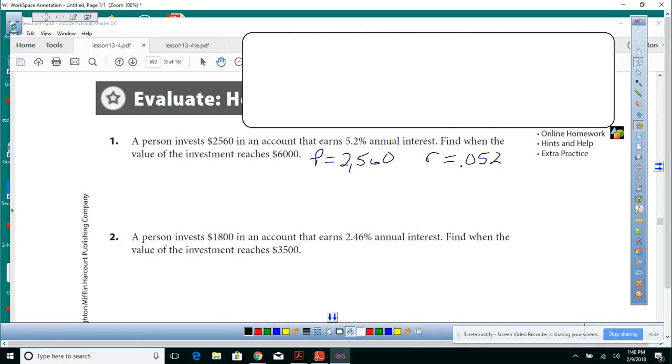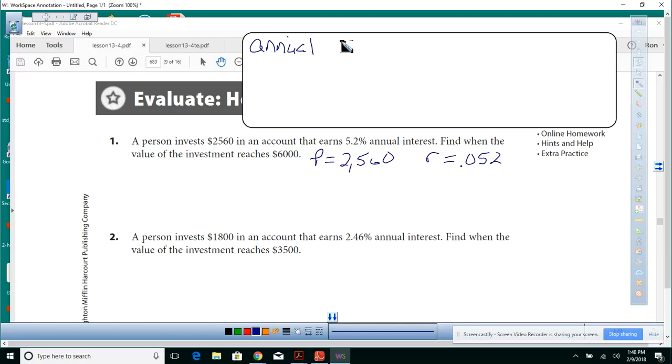There's several variations, but if it's annual interest rate, we're going to use f of t equals p times 1 plus r to the t power, okay?